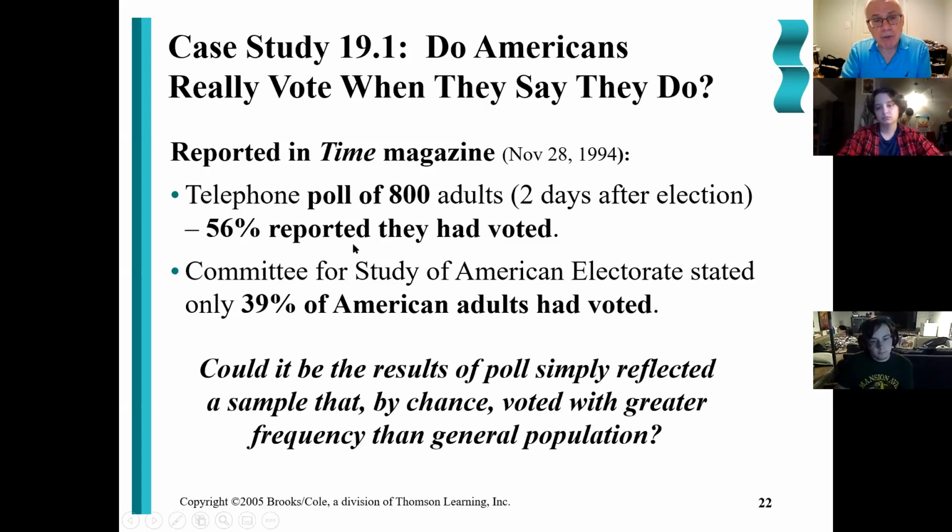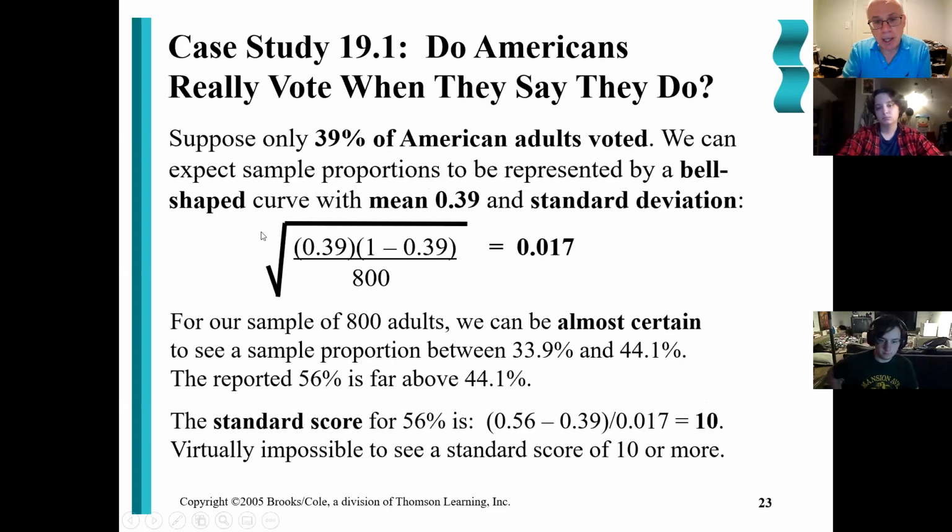We determine: is this 56% reasonable for this particular poll? Is it reasonable to think this could just be a normal variation around this 39%, or is it highly unlikely? All right, and through these calculations here, we decide it's very unlikely. So this is, again, what we were talking about before. We'll get into more of this when we talk about hypothesis tests.